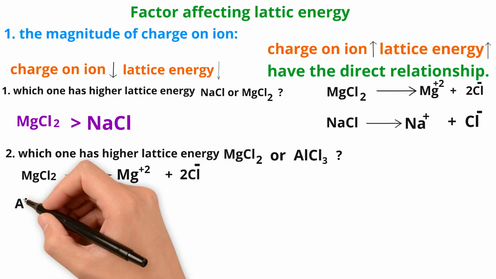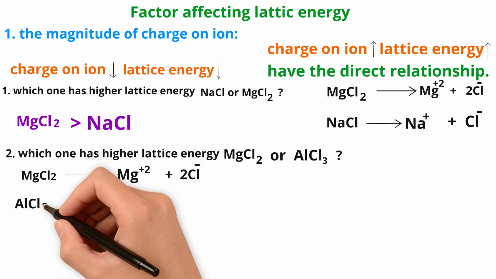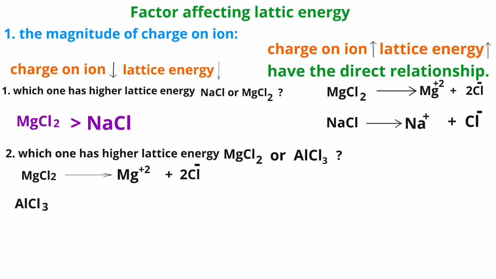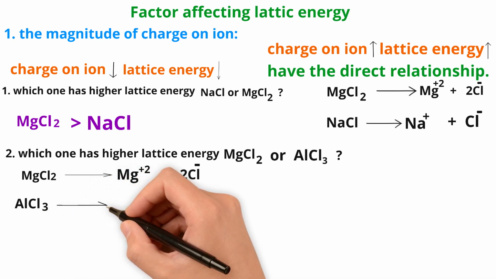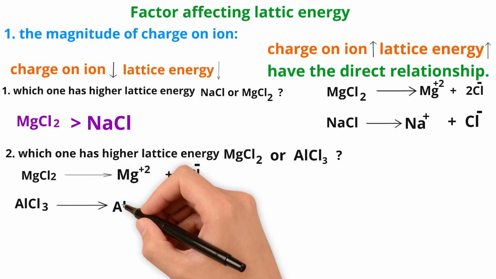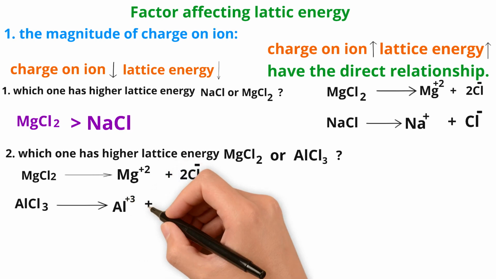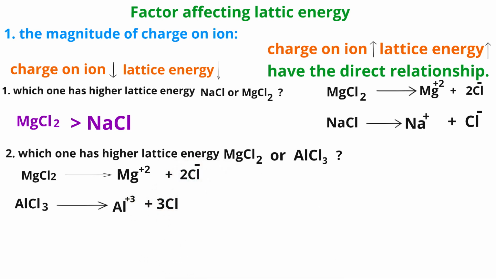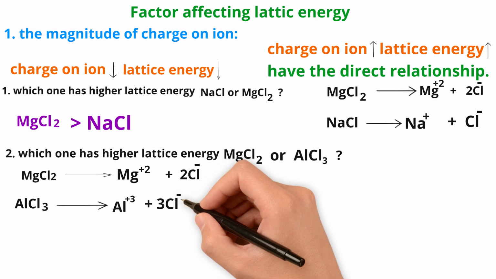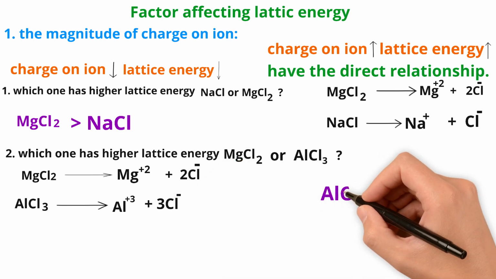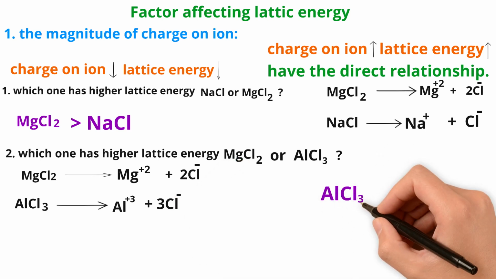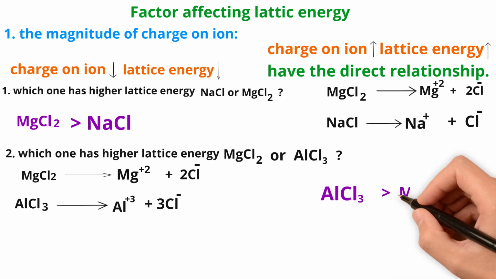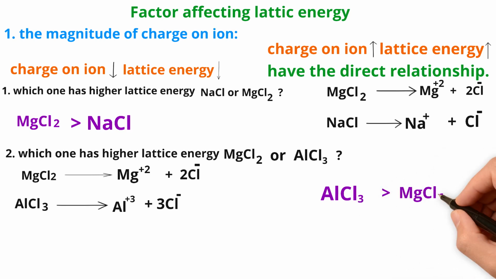But when you come to aluminum chloride, the magnitude of the charge on aluminum ion is plus 3, and the magnitude of the charge on the chloride ion is minus 1. Therefore, aluminum has higher charge than magnesium plus 2. Therefore, aluminum chloride has higher lattice energy than magnesium chloride.